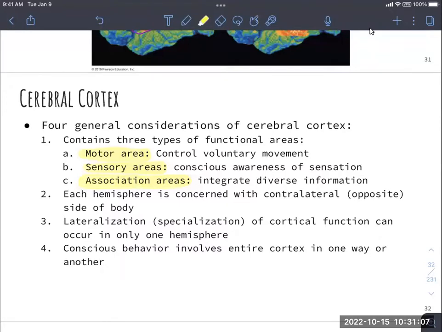Your right side of your brain deals with the left side of your body. The left side of your brain deals with the right side of your body. Our brain can do lateralization or specialization. And it only can happen in one hemisphere.